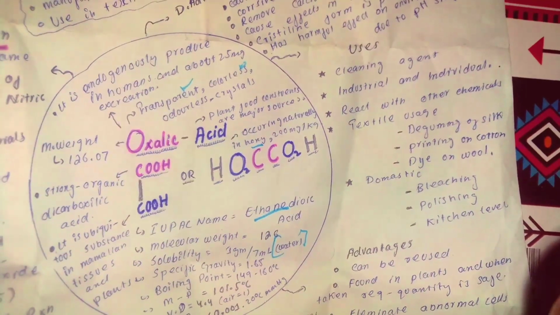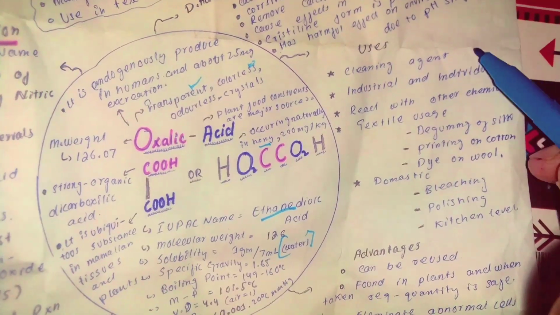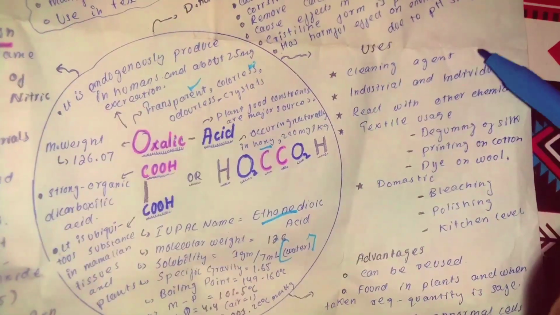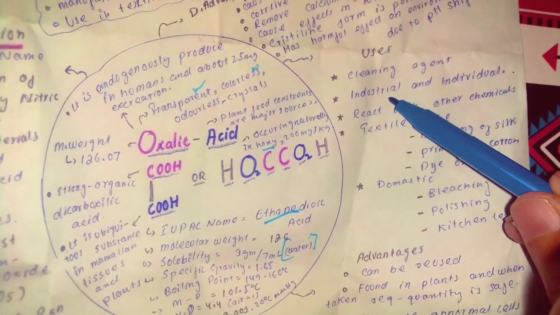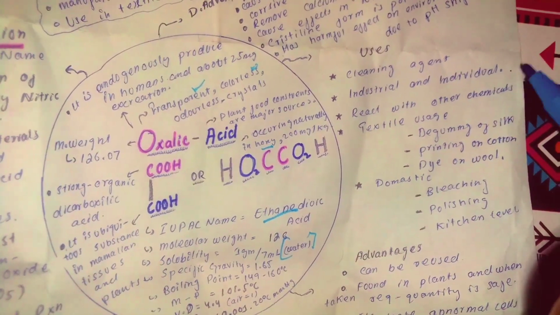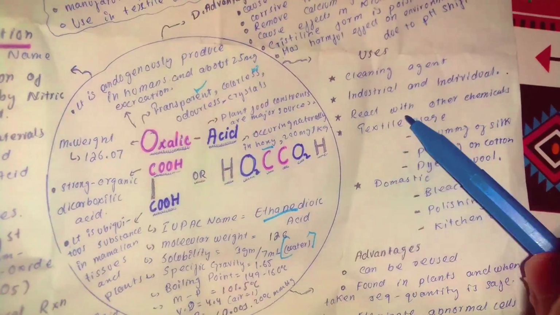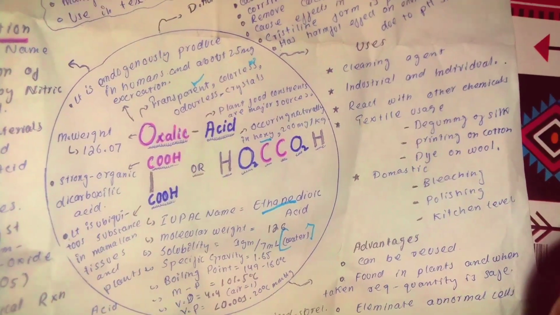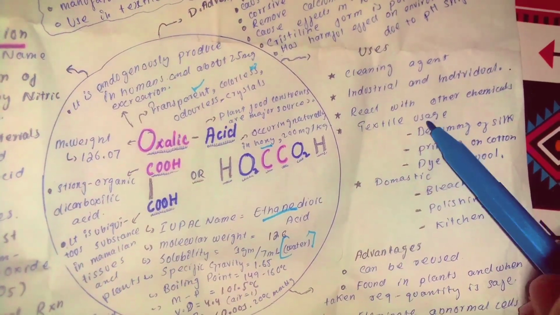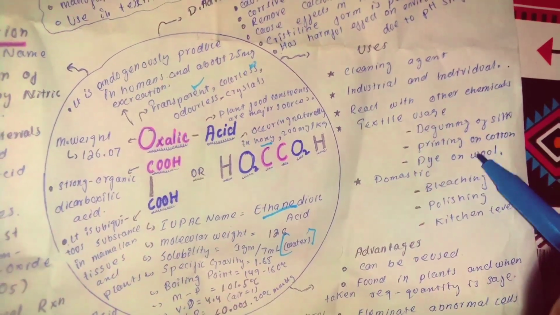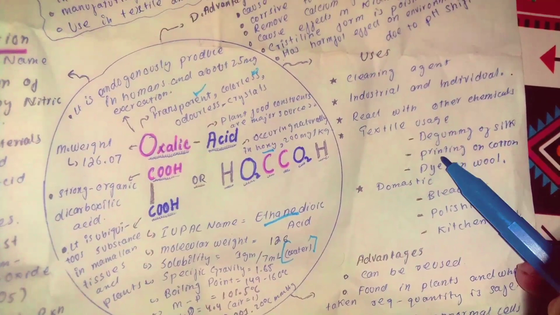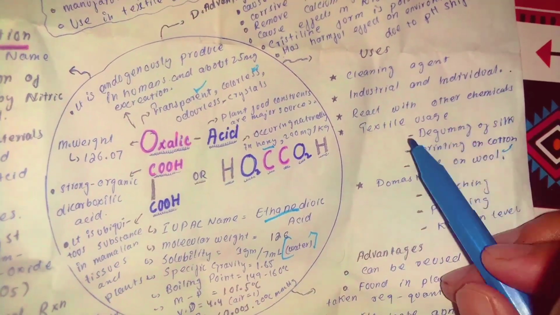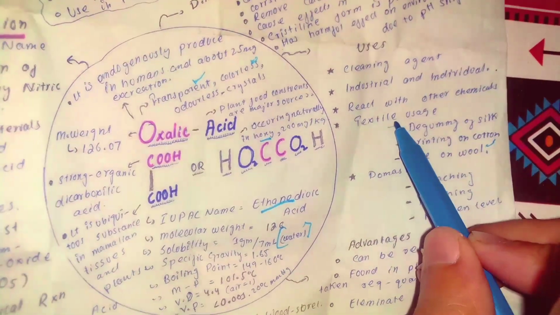Now when we come to the uses, the first use is as a cleaning agent. It is used as a cleaning product. The second is industrial and individual usage, where it reacts with other chemicals to form new products. It has many textile usages: degumming of silk, printing on cotton and dyeing on wool. These are the major usages as textile products.